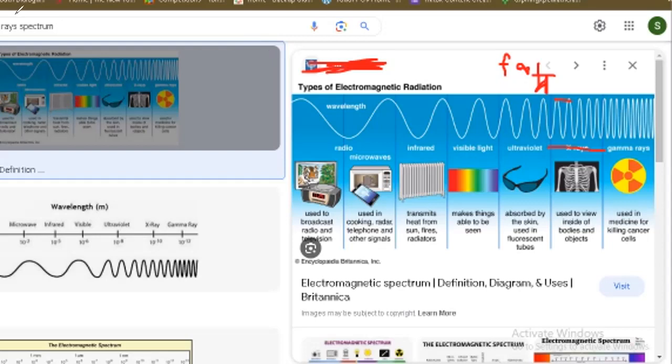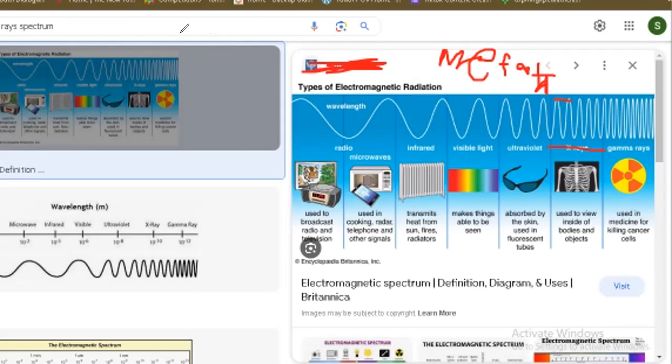We discussed that there will be high frequency and low wavelength, and these X-rays cannot be seen by the eye. They have no deflection in the magnetic field nor in the electric field, because they do not have any charge or mass, because they are energy particles. X-ray is an energy particle.